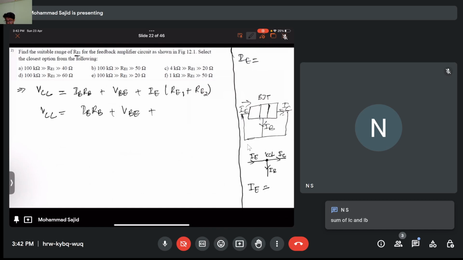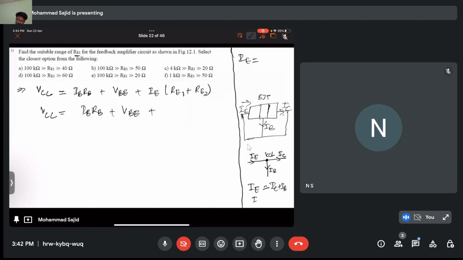Yes, right. So it will be IC plus IB. Now apply IC equal to beta times IB, that is the correct definition, right? So that will be beta times IB plus IB. Taking IB common, it will be beta plus 1 times IB.